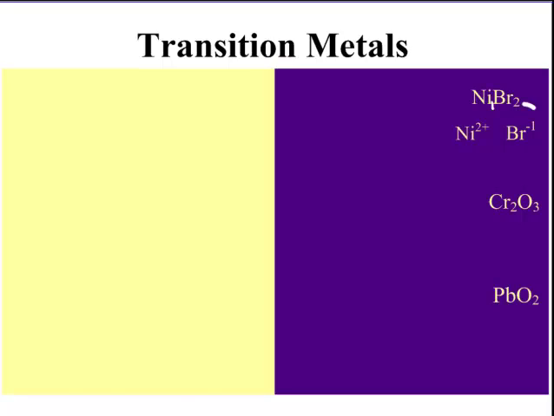Always check to see if the anion charge is correct. Is Br really a -1 ion? Yes, it always is. It's a representative element. It always has that same charge. If the anion charge is correct, then the transition metal charge is correct too. So NiBr2 is nickel 2 bromide.